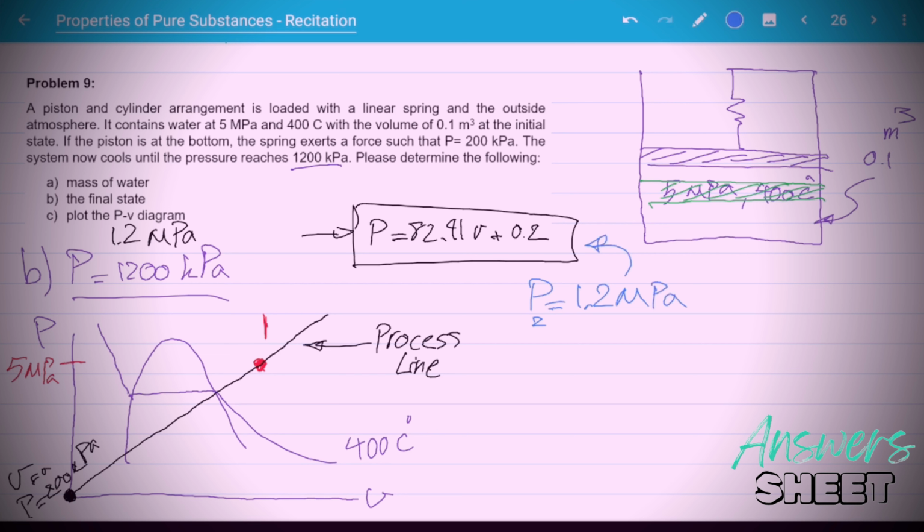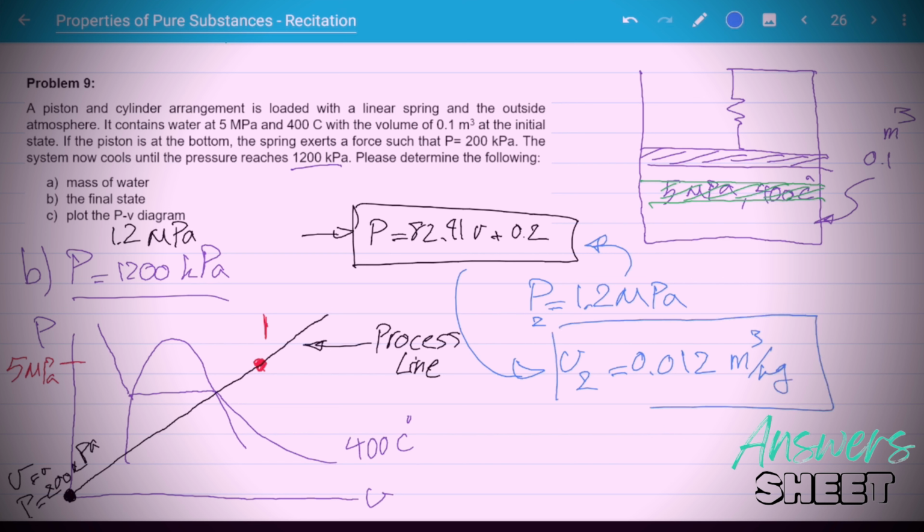Plug it in this equation and find the specific volume. So specific volume at state 2, if we plug in the numbers in, is 0.012 meters cubed per kilogram. There, we found our specific volume at the second state.